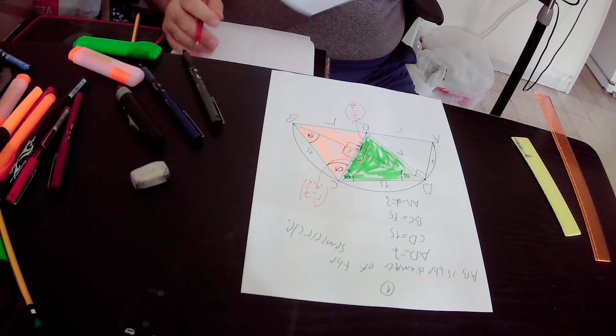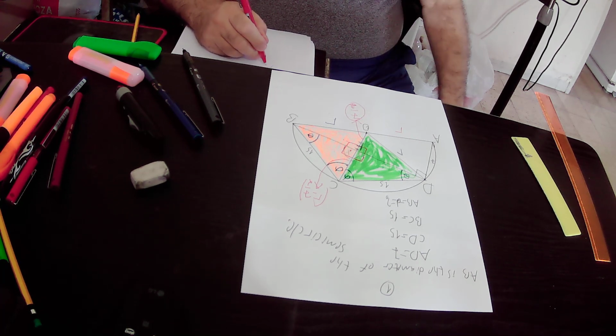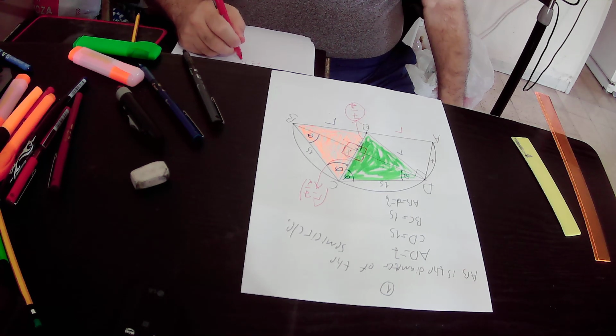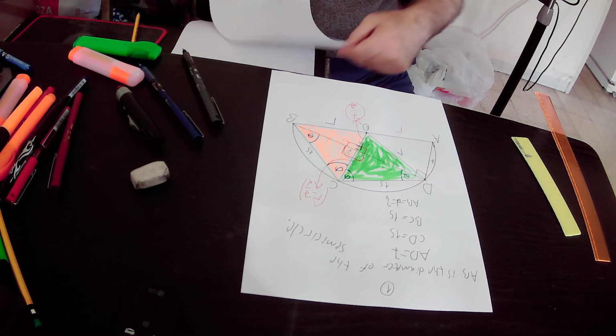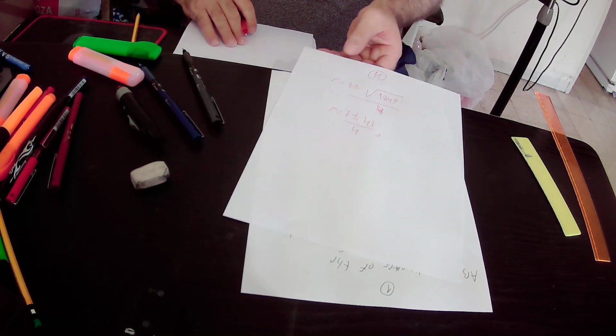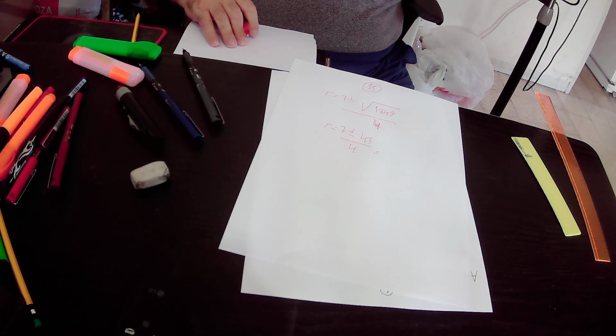So I write it down. So r equals to 7 plus minus 43 over 4.